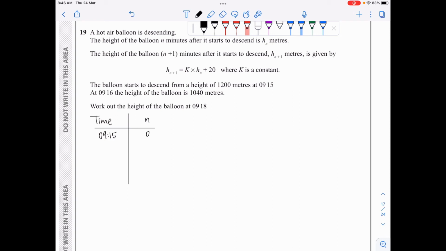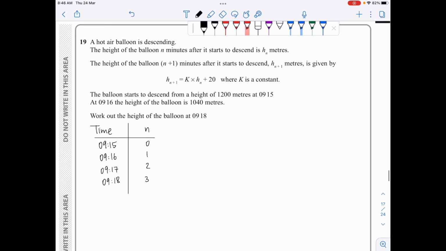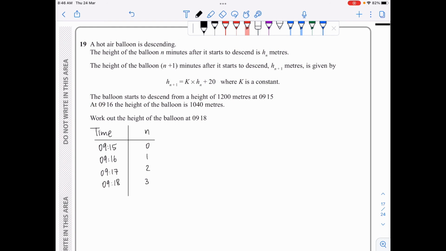Then at 9:16, n is 1. At 9:17, n is 2. And at 9:18, n is 3. So we've been told that the height is originally 1200. So we know this is h0, and at 9:16, h1 is 1040.